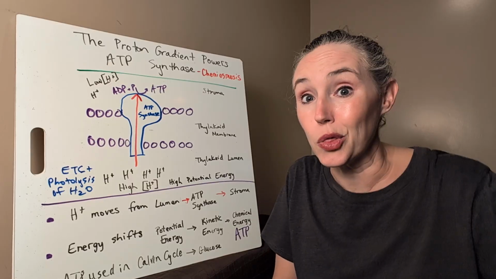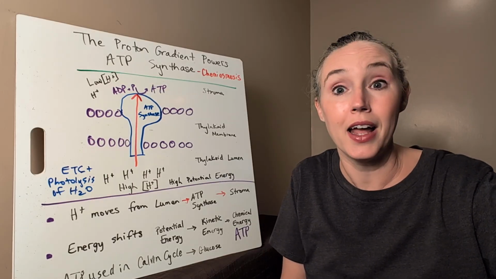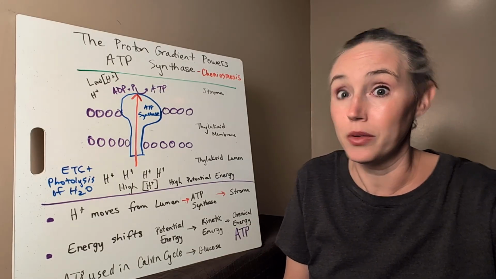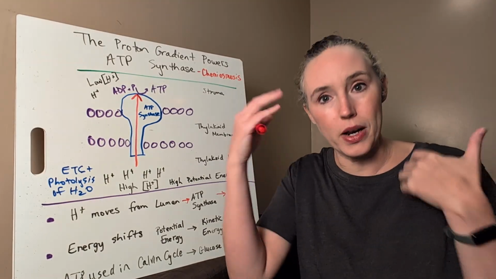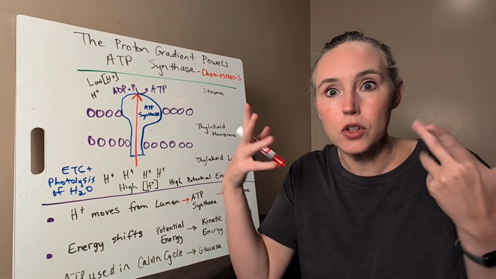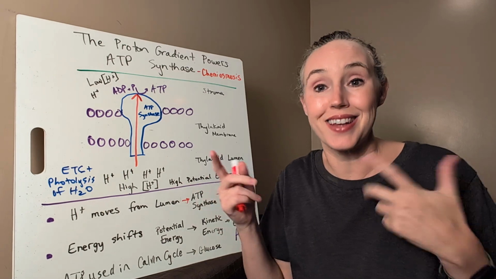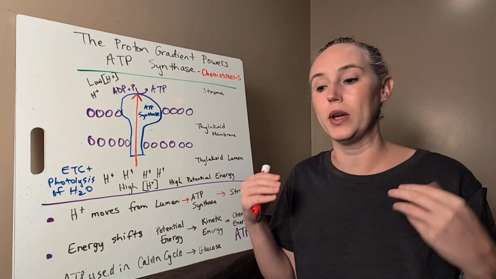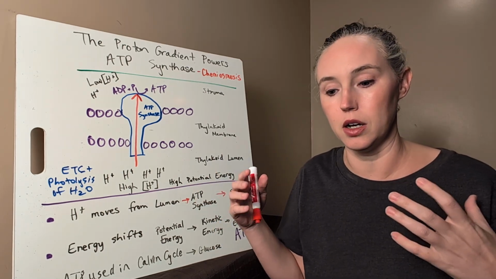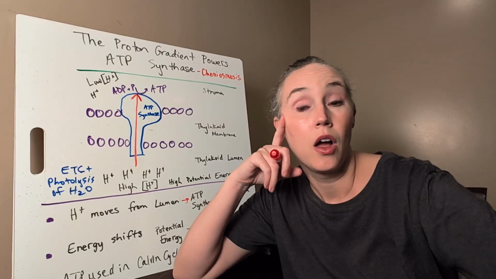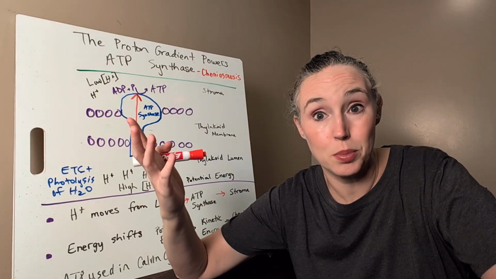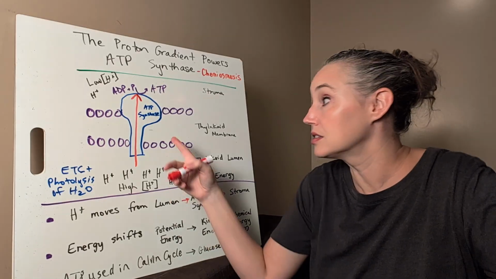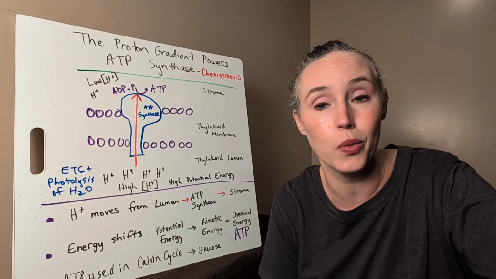ATP synthase is a 3D molecule, and it can go in any membrane it wants. One thing that's hard about working with diagrams is that we sometimes get really stuck, especially when we've learned the cellular respiration version of ATP synthase, it freaks us out to see ATP synthase go in a different way.